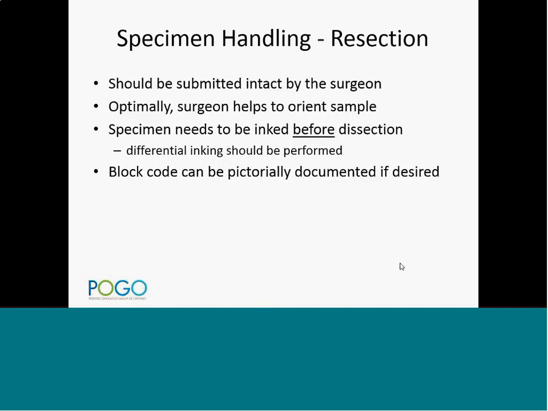The specimen handling obviously is different for resections. One of the most important things for a resection is margins. For margins to be accurate, and for marginal status to help the treatment team, the specimen really should be submitted intact by the surgeon, and optimally, if the surgeon can come downstairs or upstairs to help orient the specimen, that is ideal as well.